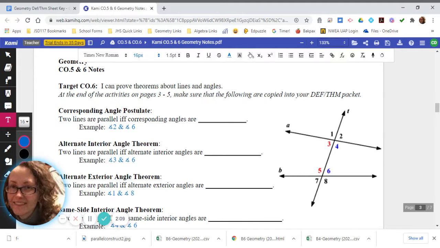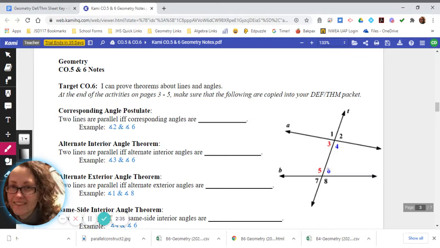So if I look at my note sheet, I want the same side of the transversal. I have two lines here, A and B, that are intersected at two distinct points by this transversal line T. And I want two angles that are going to be on the same side of that transversal in the same spot.